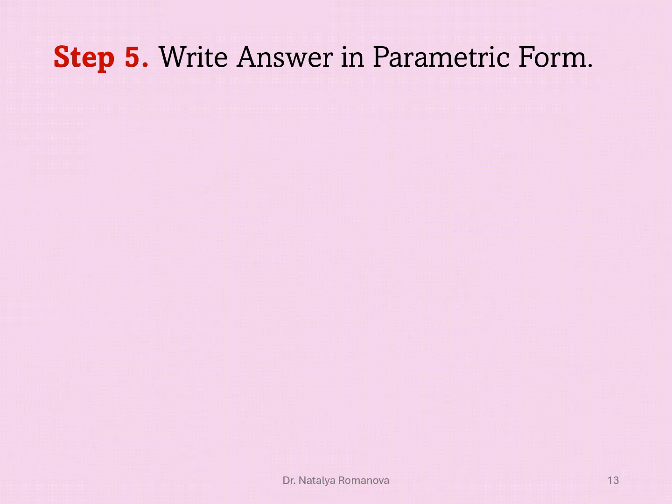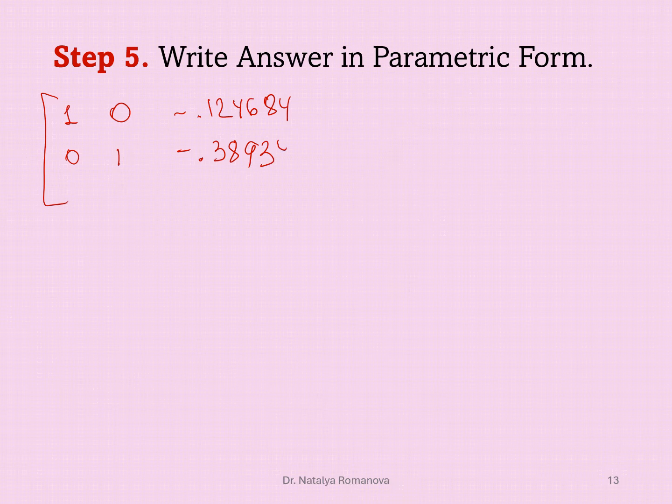The reduced row echelon form from the first step equals 1, 0, negative 0.124684, second row 0, 1, minus 0.389341, and we have 0, 0, 0, 0, 0, 0.